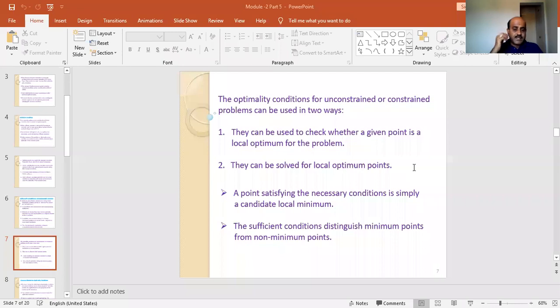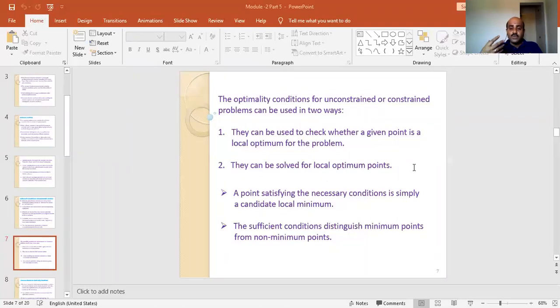The optimality conditions for unconstrained or constrained problems can be used in two ways. They can be used to check whether the given point is a local optimum for the problem, and they can be solved for local optimum points. In the sense, the conditions we are arriving at, the optimality conditions, both necessary as well as sufficiency conditions, are for both unconstrained as well as constrained problems.